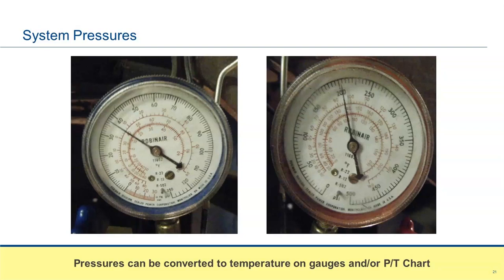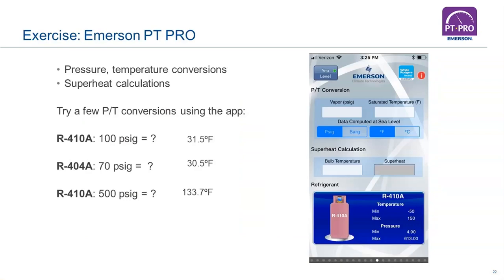One has 410A, one has R22. I can assure you that that coil is somewhere between 40 to 45 degree temperature, somewhere thereabouts, okay? But the pressures are going to be totally different. So don't get hooked on pressures, okay? Know the science of the temperatures.